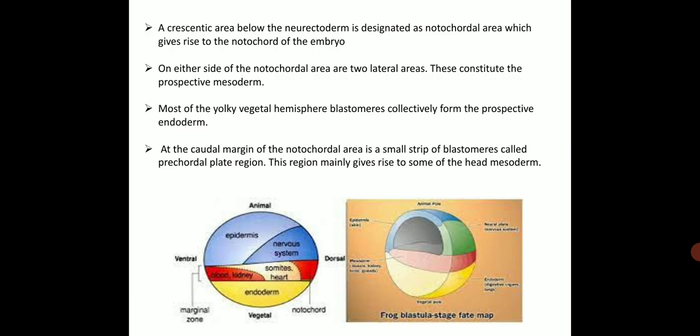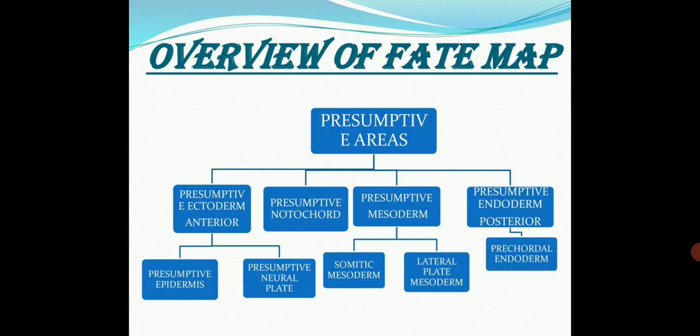In this picture you can clearly make out where exactly you will see the nervous system, blood, kidney, somites, heart, and also the formation of the notochord. So here is an overview of the fate map and pre-assumptive areas. You can see the pre-assumptive ectoderm anteriorly, with the pre-assumptive epidermis and pre-assumptive neural plate.